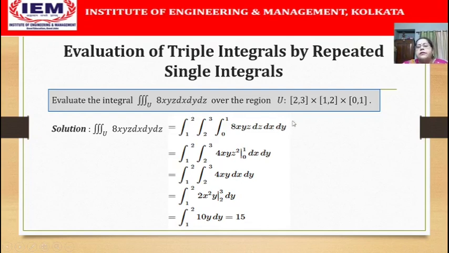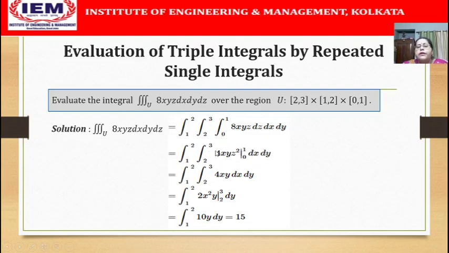And note that this is again not the only possible way. It is very much possible to evaluate this integral in some other order. Okay, but now as written over here, let's proceed. So as we are first integrating with respect to z, this gives us 4xyz squared and the limits are from 0 to 1.